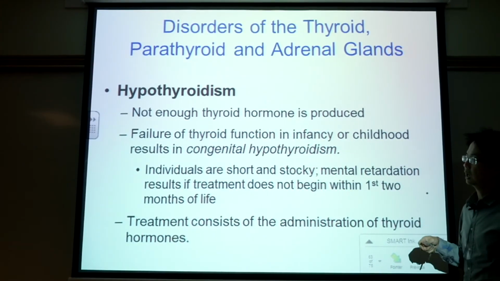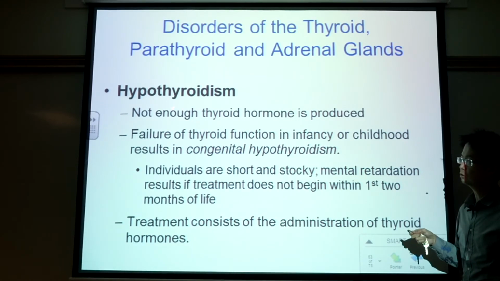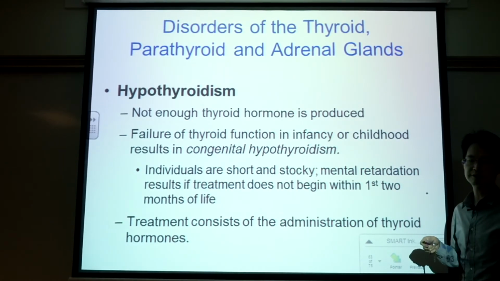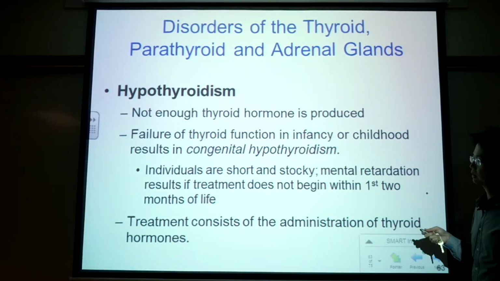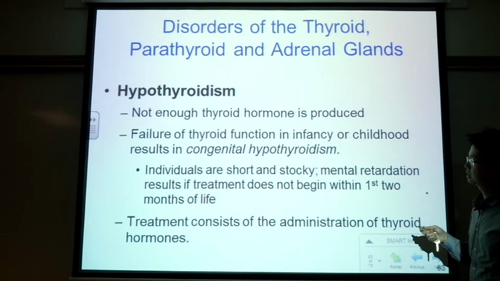Hypothyroidism. Hypo means low. That means we do not have enough thyroid hormone in our body. When we do not have enough thyroid hormone in the body, what will happen? If it is in an infant or child, we have congenital hypothyroidism.